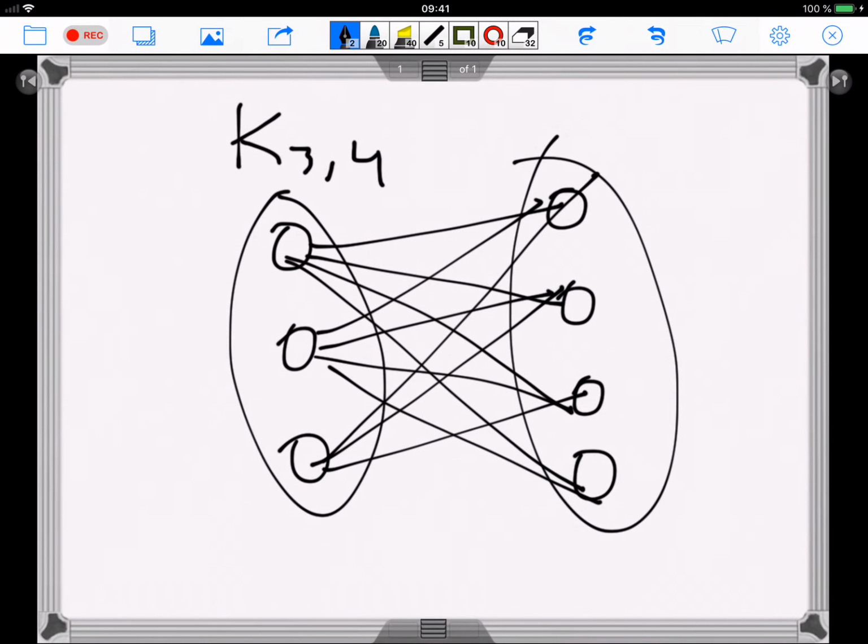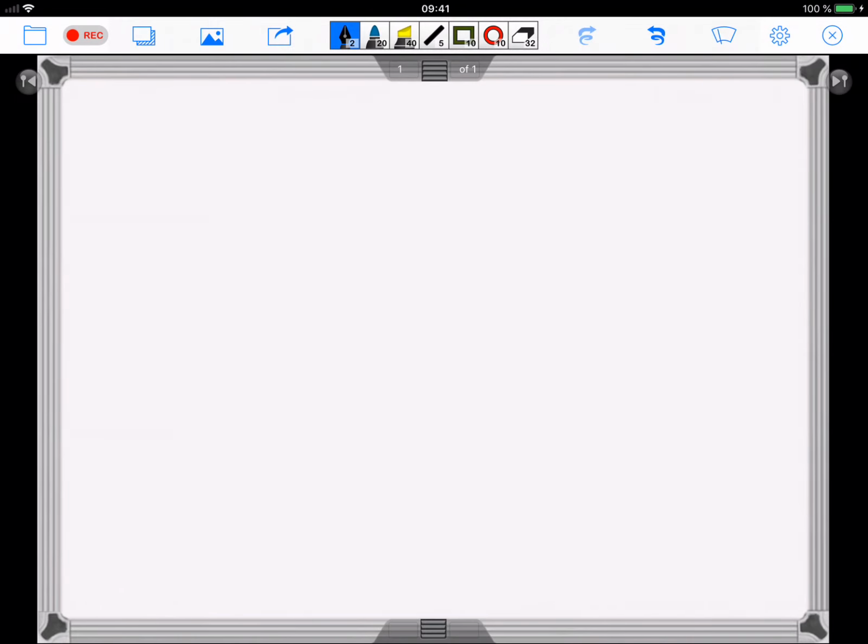Okay, so for instance, let me give you some examples. We go back to the ones in the slide, and if we have P3, we have, for instance, this picture here, in which we have 3 vertices and they form a path.